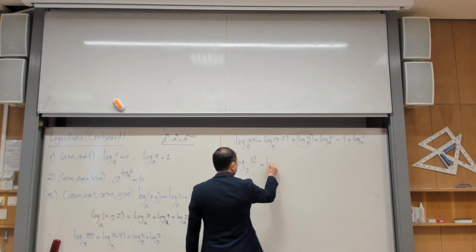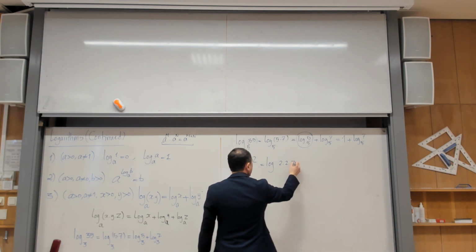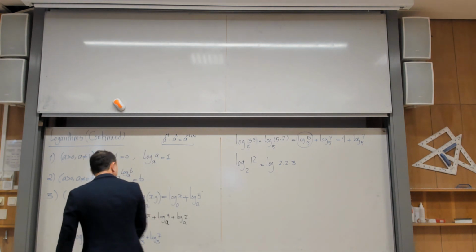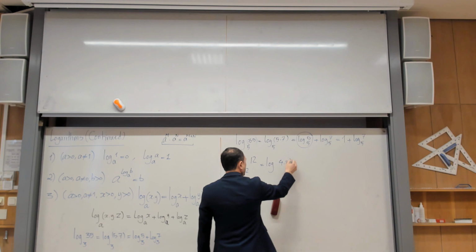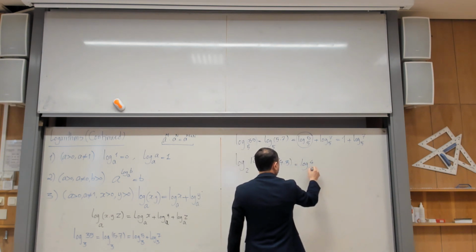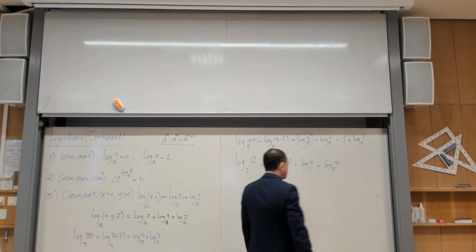For example, instead of 12, I can write 2 times 2 times 3, or it might be better to write it as 4 times 3 in base 2, and then I can write log of 4 in base 2 plus log of 3 in base 2, yes?